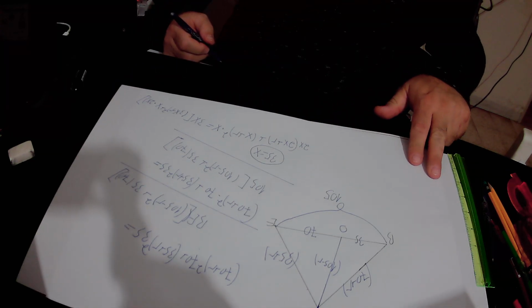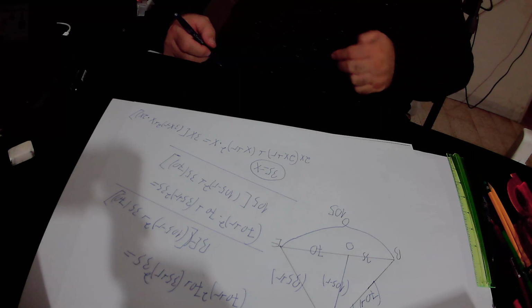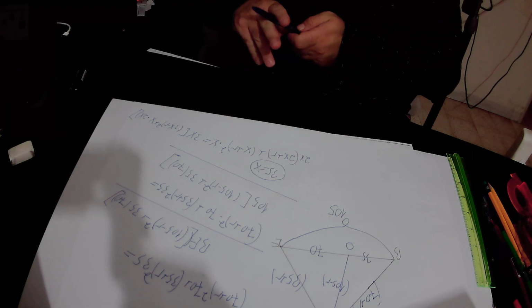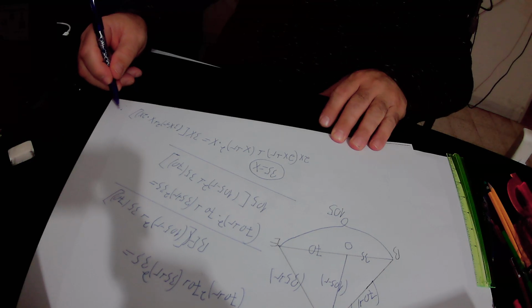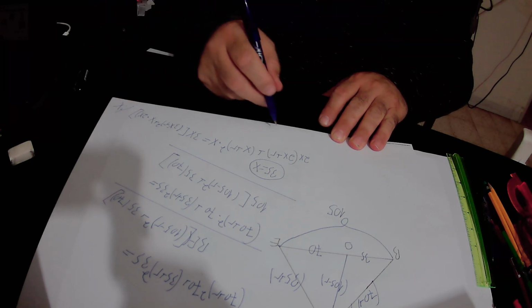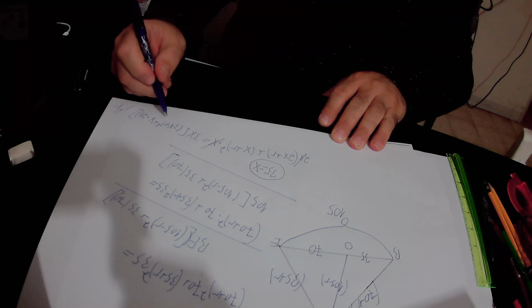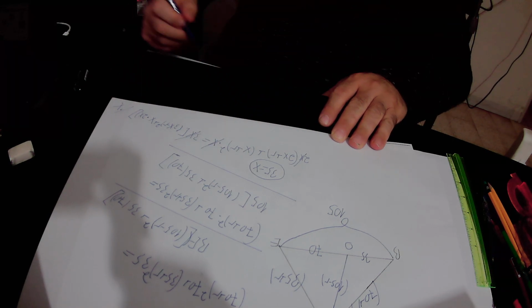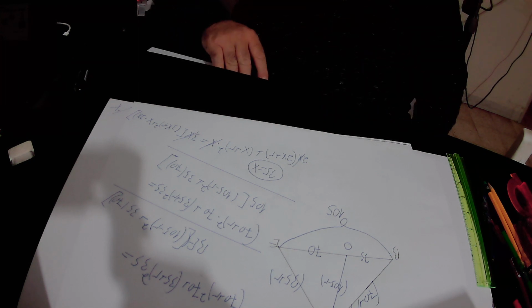Okay, so here we will divide this equation by x. So here x will get cancelled. So what is left from this equation, that is Stewart's equation, after we cancel x?